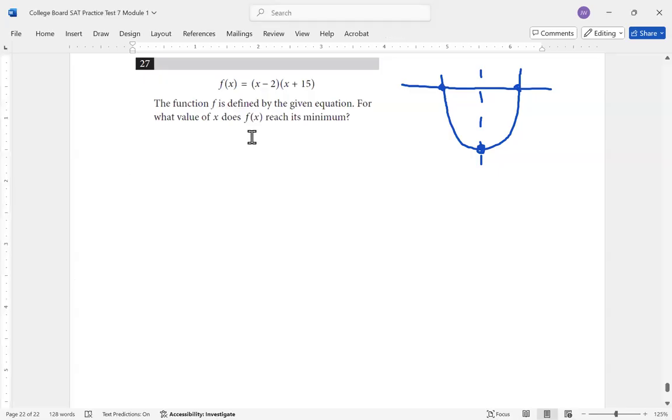The reason I say that way first is because finding the x-intercepts means I just have to plug in 0 for y. And this equation is already factored. And so I can see that the x-intercepts happen when x is equal to 2 and when x is equal to -15.